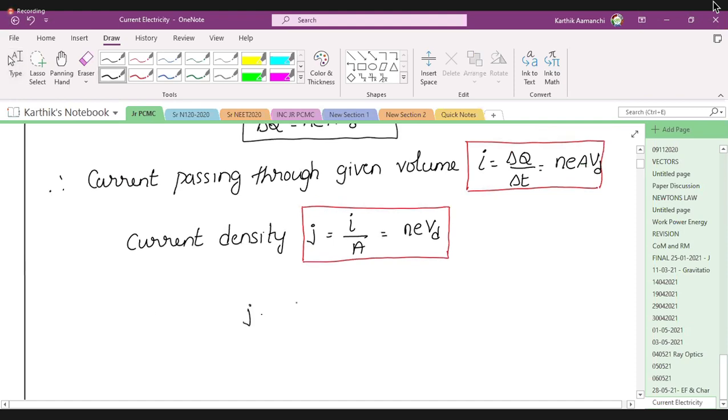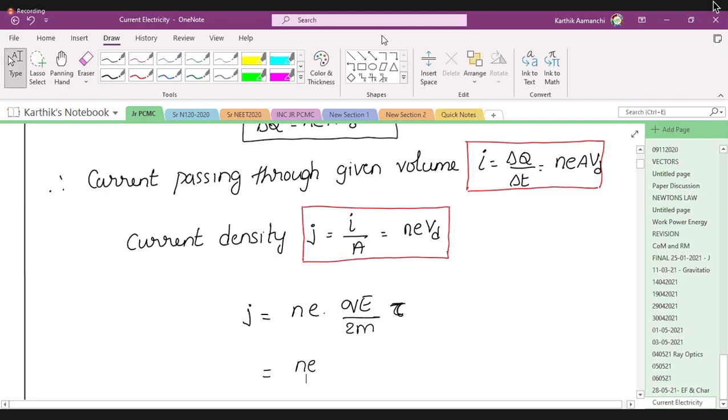So my current density is N E into QE by 2m into tau, right? So N E Q is nothing but N E squared, isn't it?